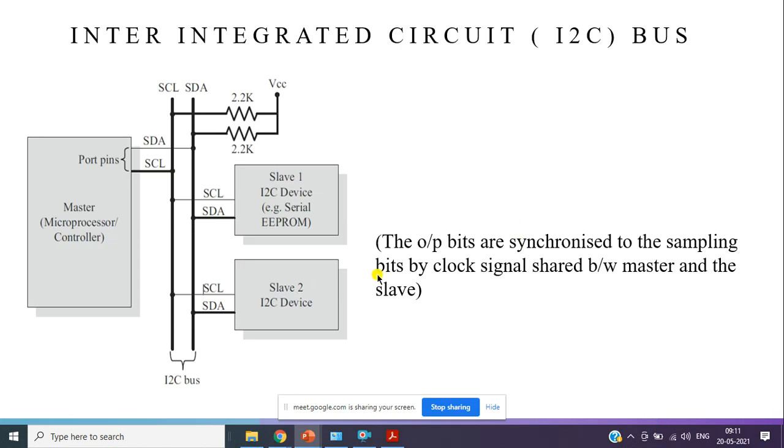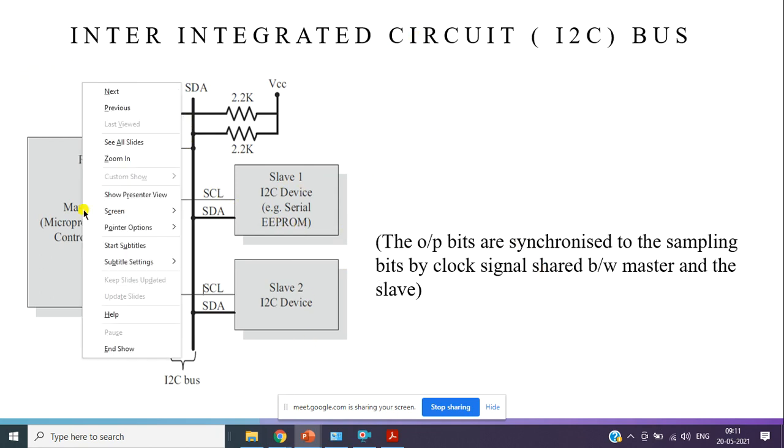Yes, sir. Now it's visible, sir. Is my screen visible after giving the slideshow option? Yes, sir. Thank you.